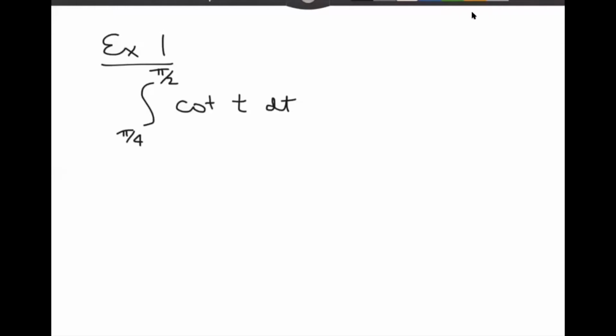All right, here we go. So one of the formulas that we saw on that last slide said that the integral of cotangent t would be natural log absolute value sine t, right? And we don't need the plus c because this is a definite integral. We just need to plug in pi over 2 and then plug in pi over 4.